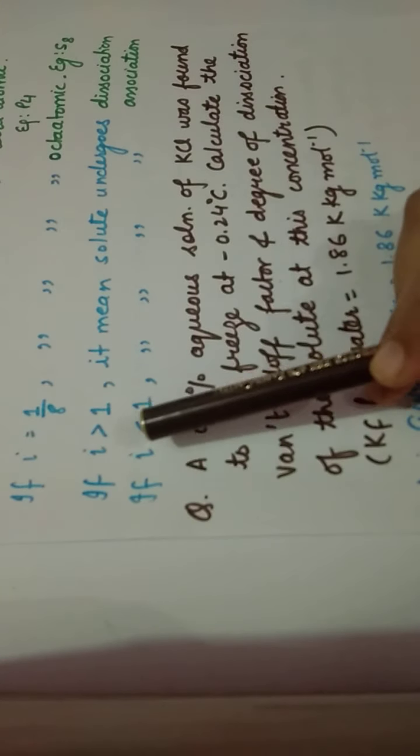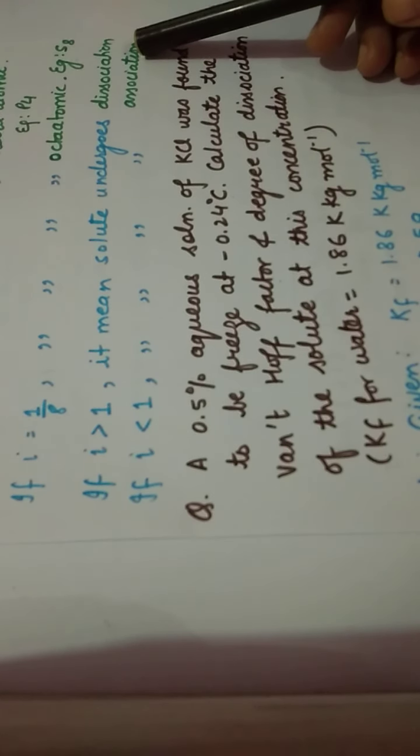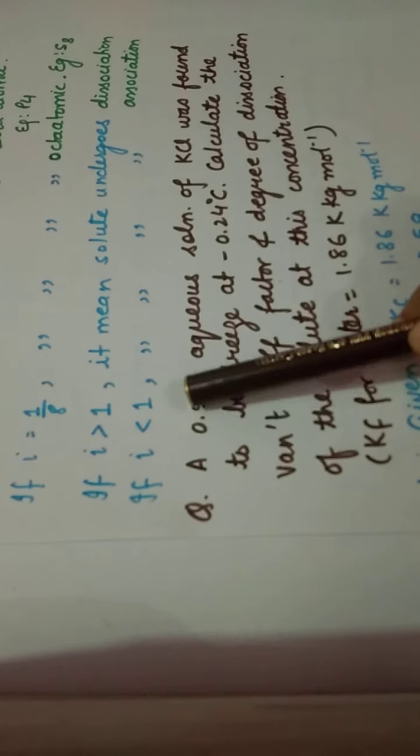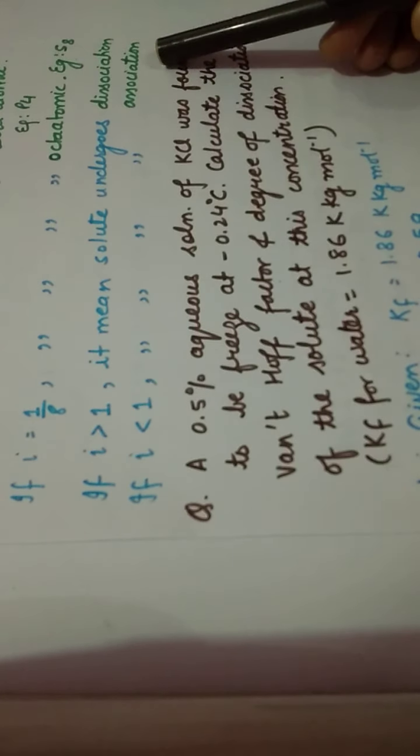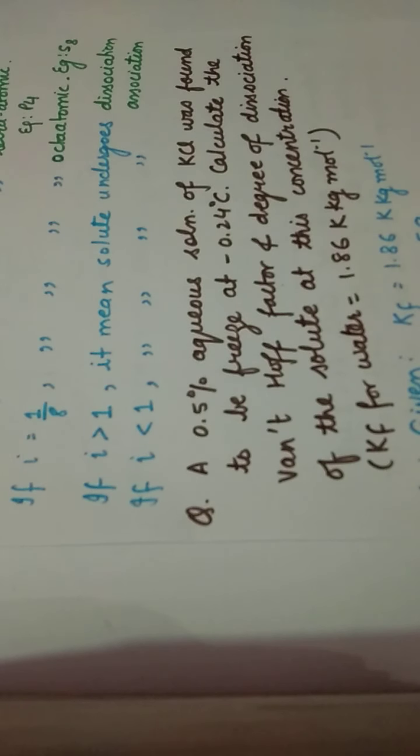This we have already done. If i is greater than 1, then the solute undergoes dissociation. If i is smaller than 1, then it undergoes association. Children, please remember, association: i is less than 1. Dissociation is the opposite, i is greater than 1.